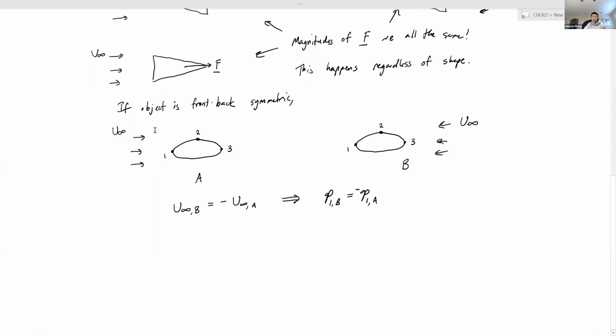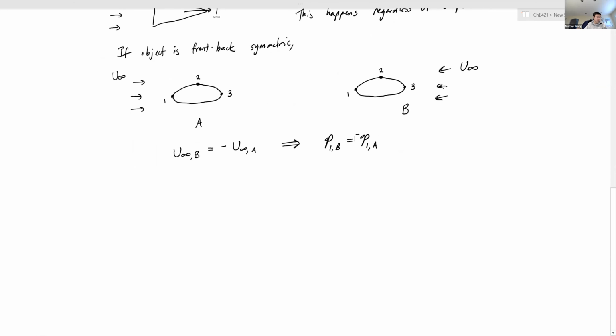If I multiplied the velocities by -1, then I should be able to multiply the pressures and get the same thing, right? Likewise, the pressure at point 2 is also going to be exactly the opposite in scenario B versus A, right?